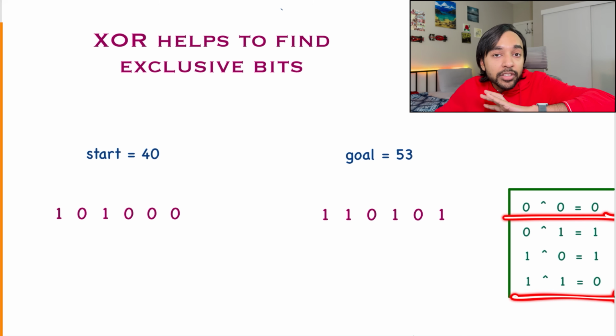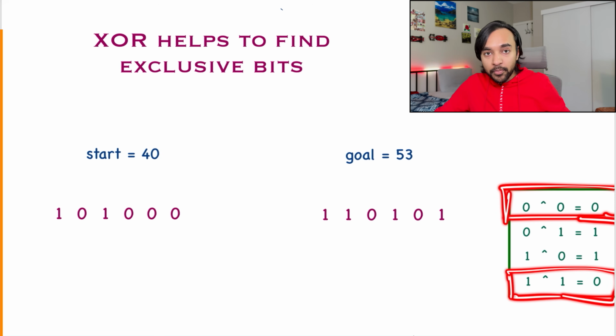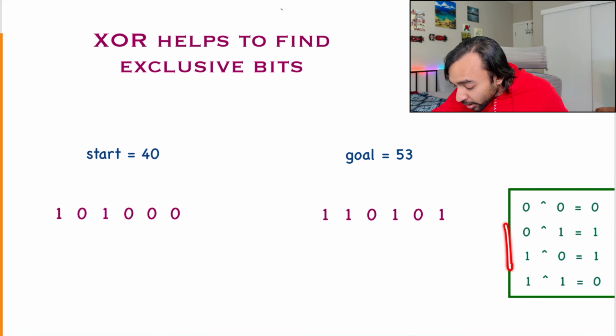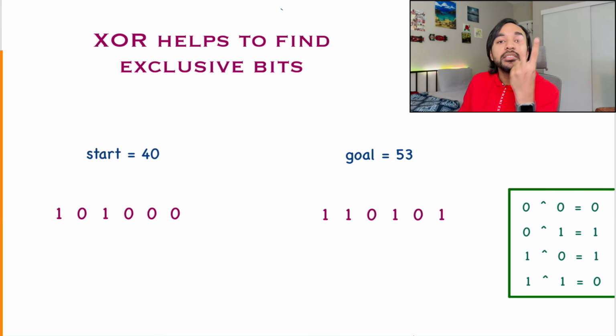That means there is no exclusivity amongst the two numbers that I'm XORing. But what about 0 XOR 1 and 1 XOR 0? Both of them are 1. 1 means that there is some exclusivity amongst the two numbers. That is what the XOR operator actually does.